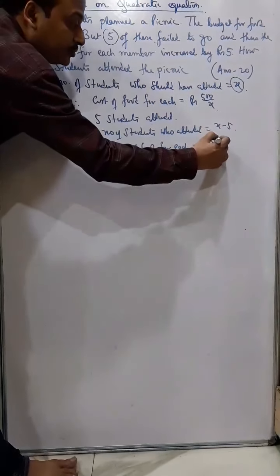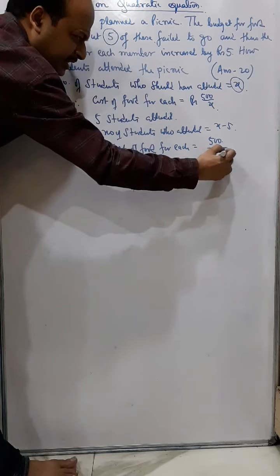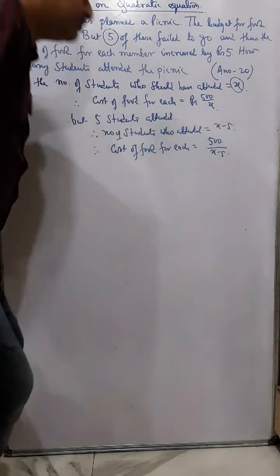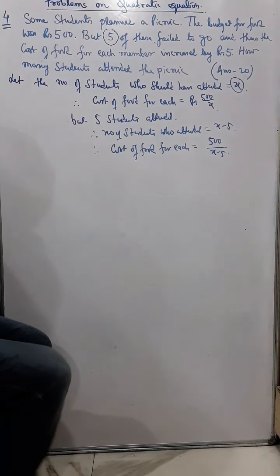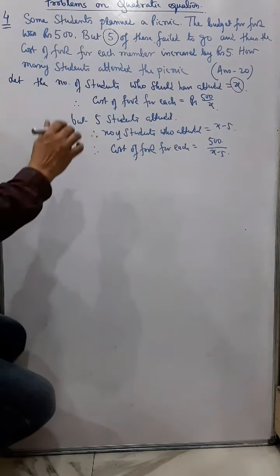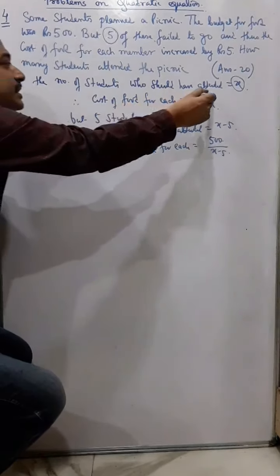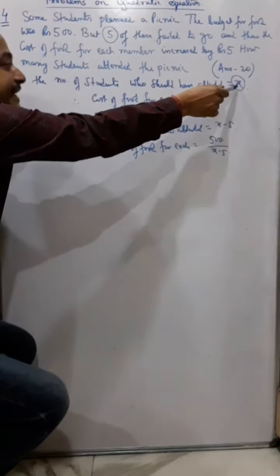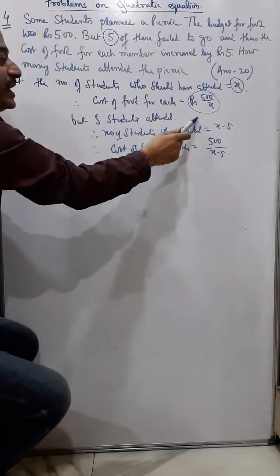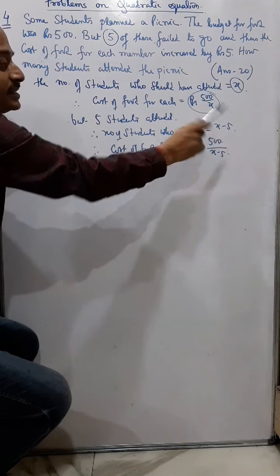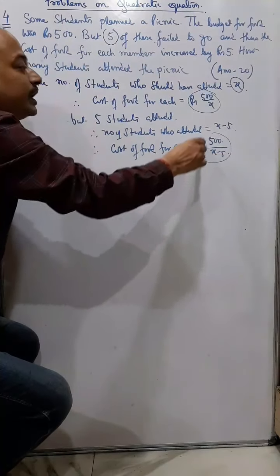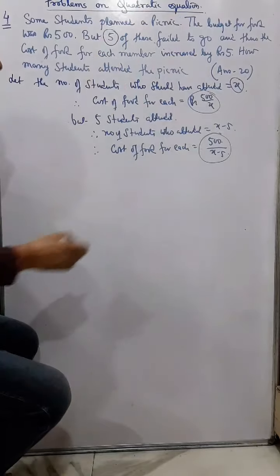Now the cost of food for each will be 500 by x minus 5. That means the cost of food is increasing. Understand? And you can understand, so previously when number of students was x originally, then the cost of food for each is this. Now since 5 people attended less, and therefore now the cost of food for each is increasing. So that means everybody have to pay more now. How many more? 5 rupees more.